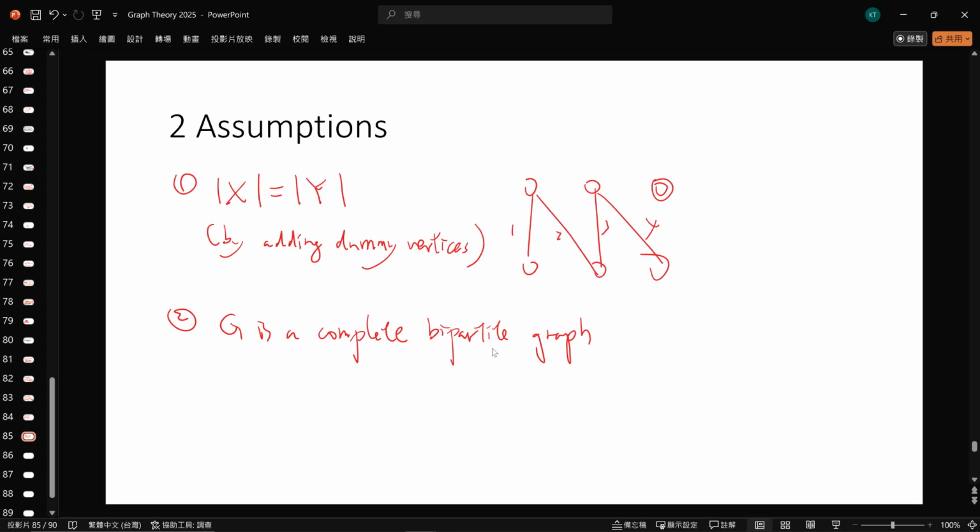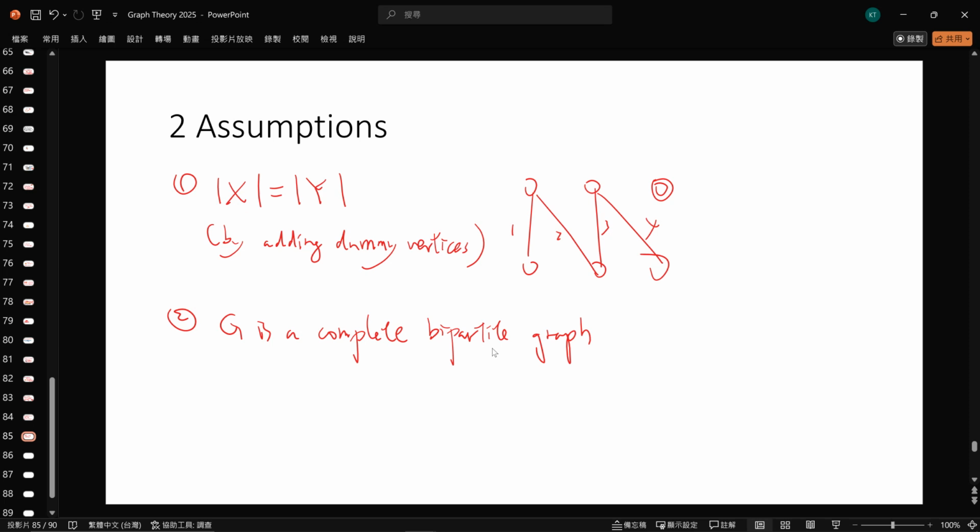A complete bipartite graph means that for every vertex in X and every vertex in Y, there's an edge connecting these 2 vertices. So for example, this graph is not a complete bipartite graph because some edge is missing.